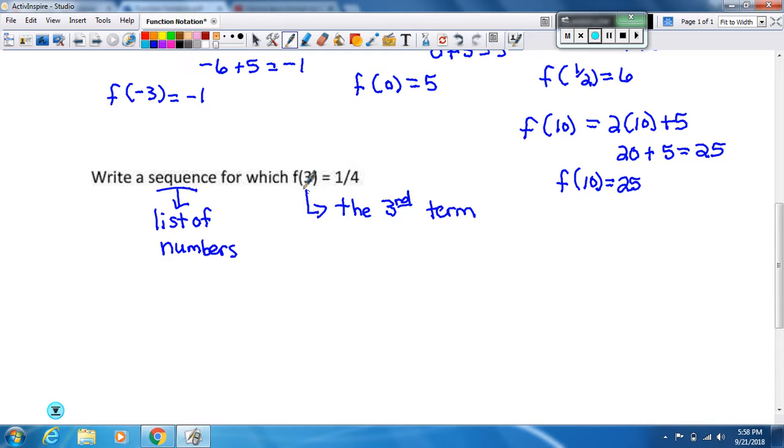So you literally could write anything as long as the third term was 1/4. So like 2, 1, 1/4, 8, 10. It's just a list of numbers. And the third term is 1/4. So that would be the answer. Or one example of an answer.